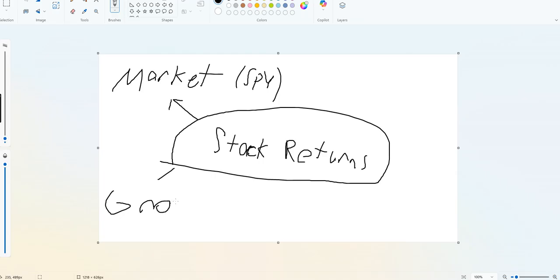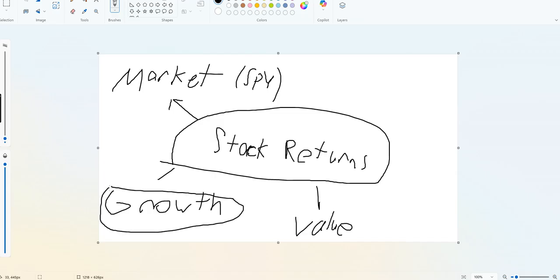Another common one is a growth factor and a value factor. And these are all different types of things that are more general market indicators. And maybe you'll get some sector factor, like Apple is in tech, the sector, right?